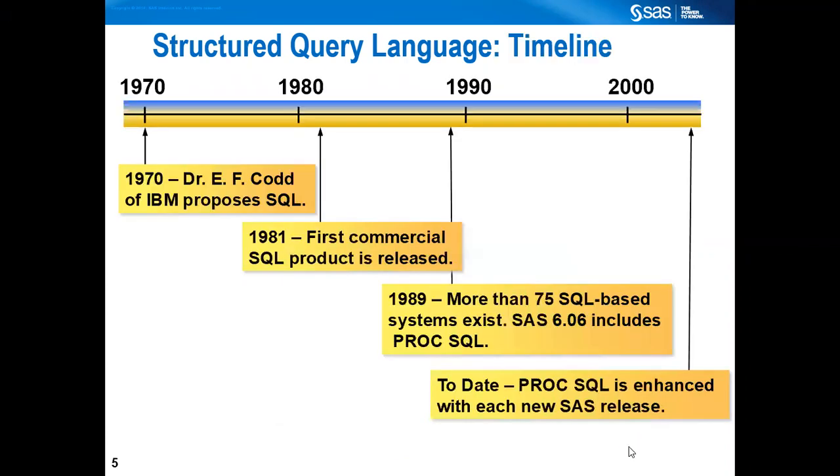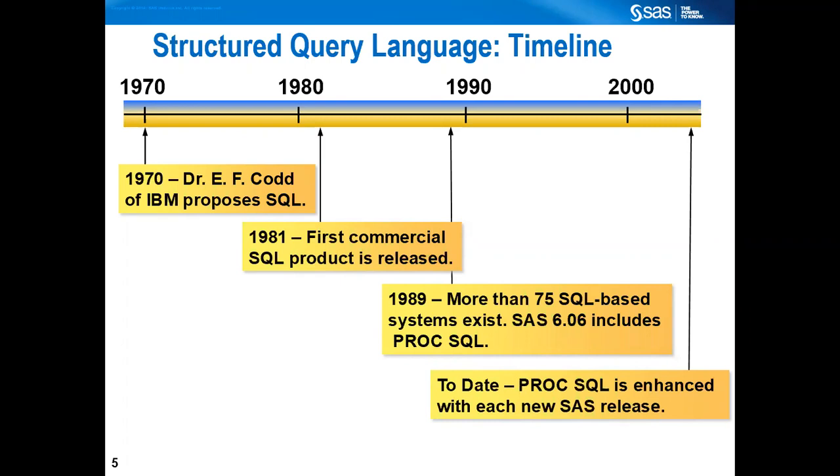Okay, so let's see the timeline progress of SAS and SQL hand in hand. So SQL was predominantly developed in the 1970s by IBM. So it was started by IBM. By the mid 1980s, its first commercial SQL product was released. And since the 1980s, SAS Institute developed their way of writing SQL.